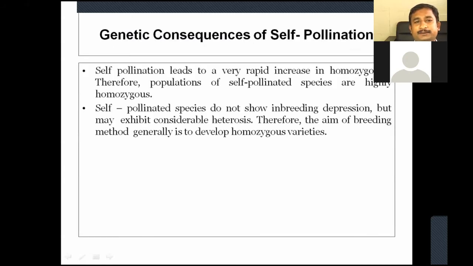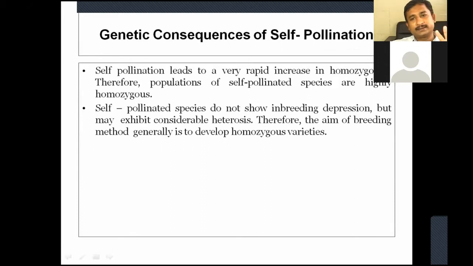See, in the case of self pollination, what happens after self pollination? Majorly the genetic consequence is a rapid increase in homozygosity. In the case of self-pollinated crops, if you look at those crops, they look the same, meaning homozygous.